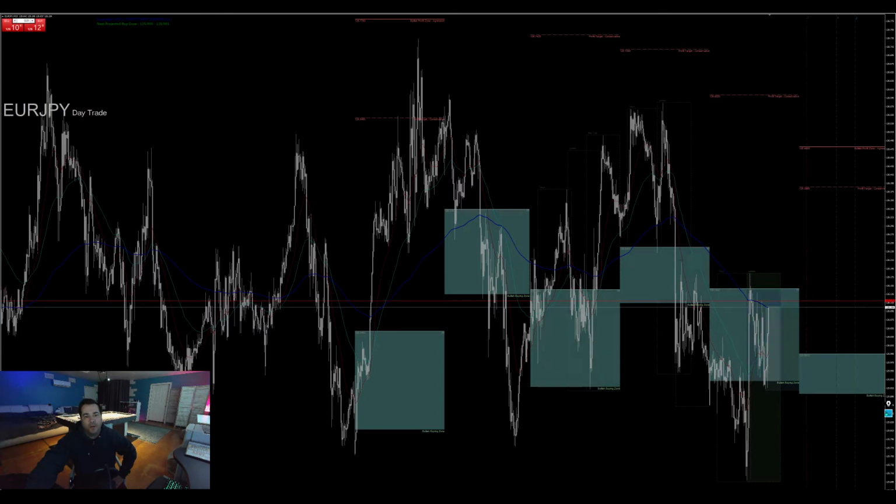Like I said before, we found support here, bounced, got rejected off of the daily central pivot. Came back down, found support, and double bottomed off of the support right here. So we're heading back up to test the daily central pivot again. So that's something to watch.